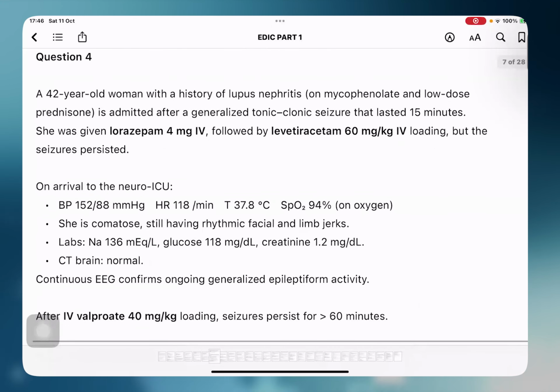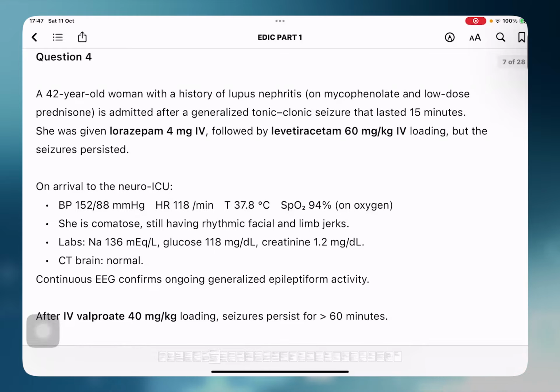So next question: a 42-year-old woman with a history of lupus nephritis, on mycophenolate and low-dose prednisolone, is admitted after a generalized tonic-clonic seizure that lasted 15 minutes. She was given lorazepam 4 mg IV followed by levetiracetam 60 mg per kg IV loading, but the seizures persisted. On arrival to neuro ICU, the blood pressure is 152 by 88, heart rate is 118, saturation is 94, temperature is 37.8.